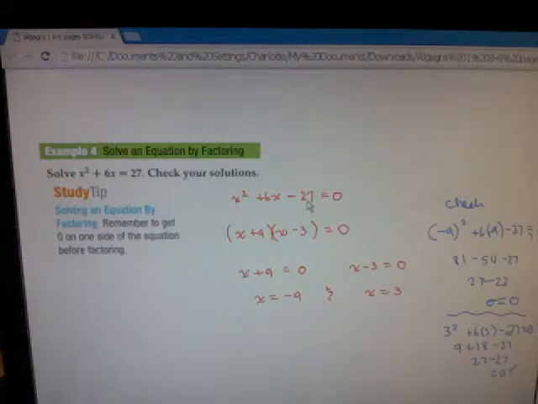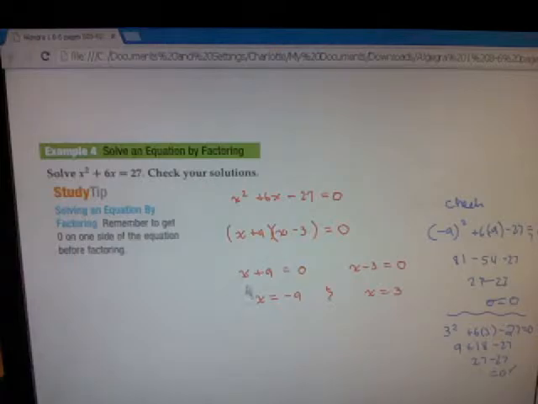Then I have to ask myself, what are two numbers I can multiply together to get a negative 27, but when I subtract them, I get a positive 6? Well, a positive 9 and a negative 3 would give me a negative 27, and if I subtract them, I would get a positive 6x. Notice this is all still set equal to 0. We're using the zero product property.